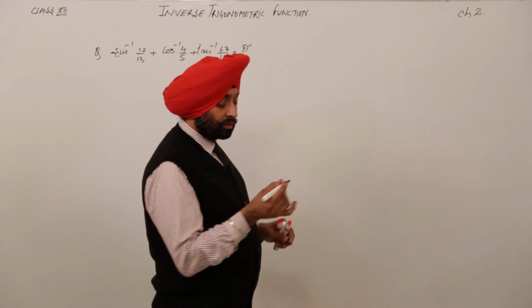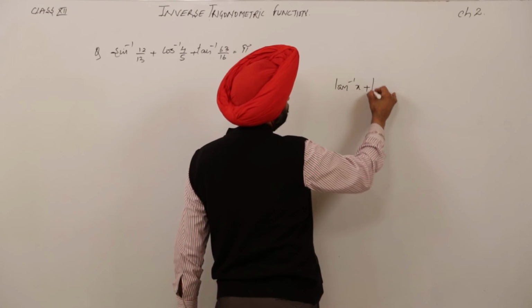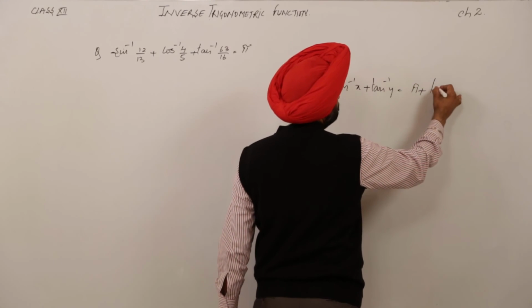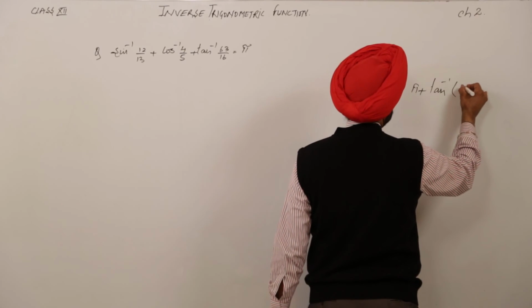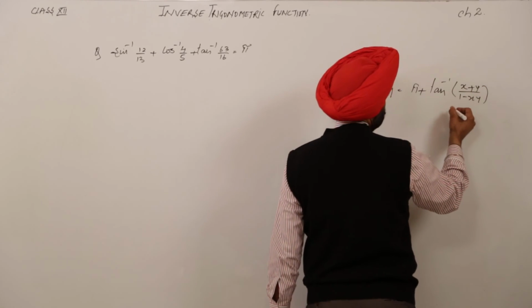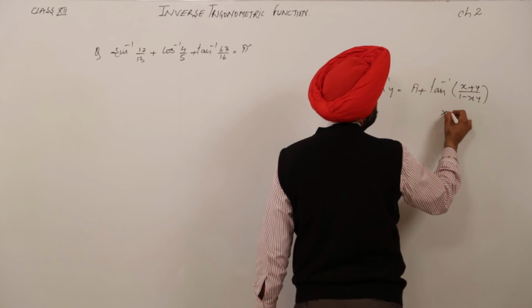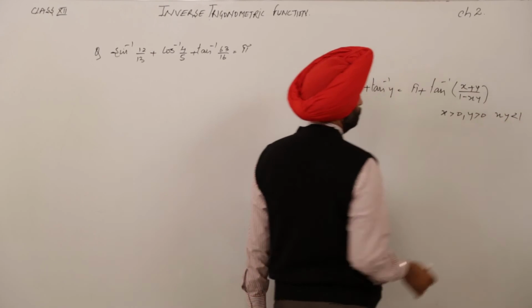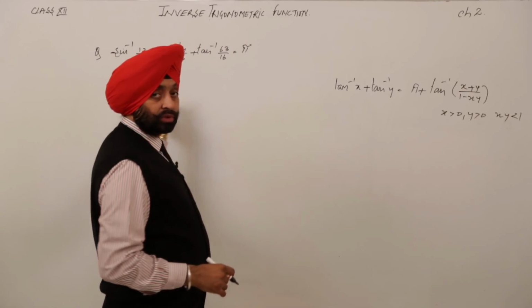If you remember, the formula was tan inverse x plus tan inverse y is equal to pi plus tan inverse of x plus y upon 1 minus xy, which is applicable when x is greater than 0, y is greater than 0 and xy is less than 1. I used this property the last time in solving this same question.